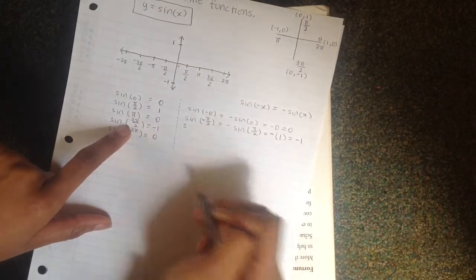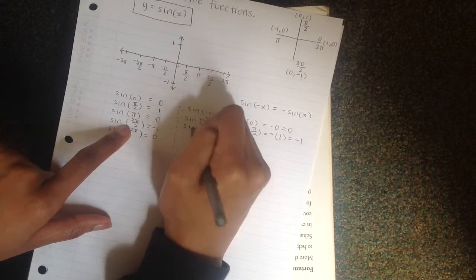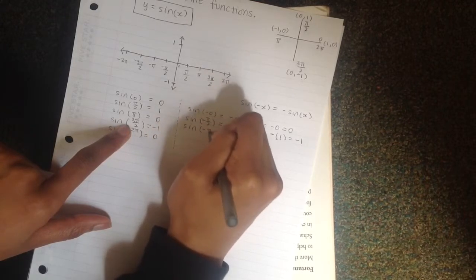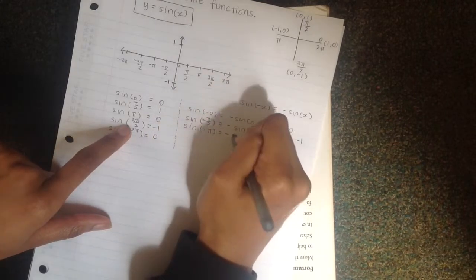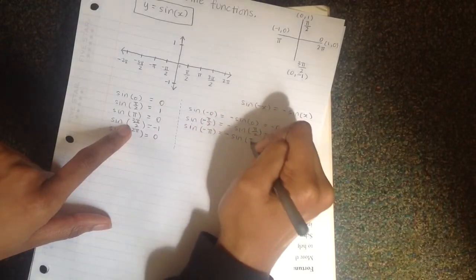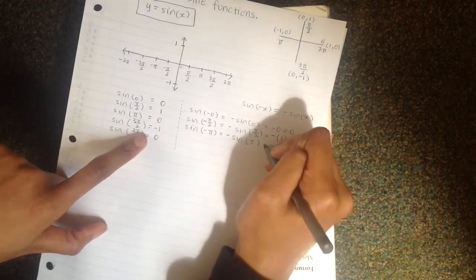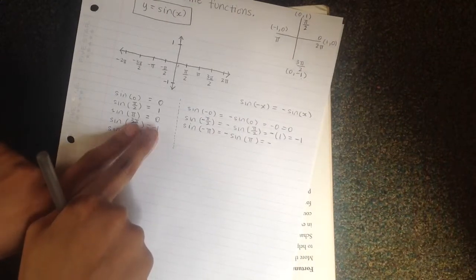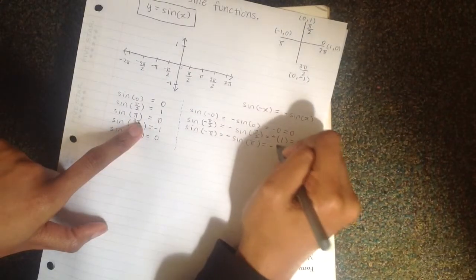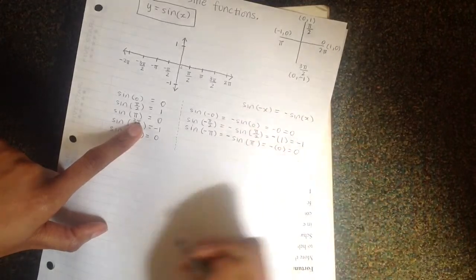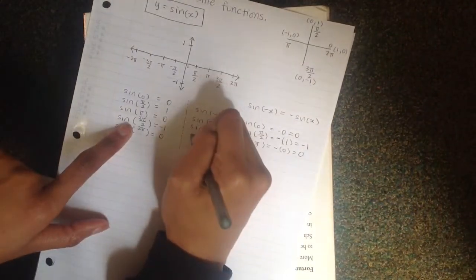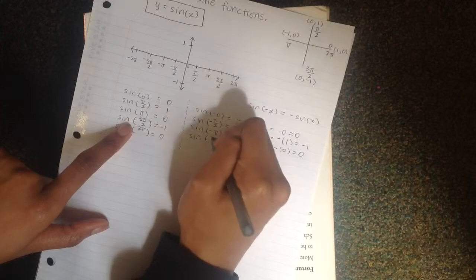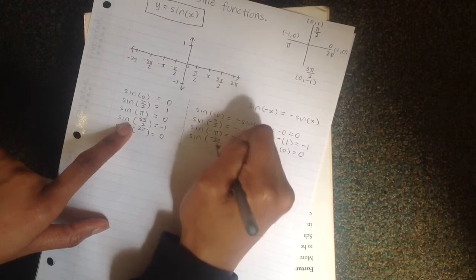Sorry, this should be negative. So we have sine of negative pi is equal to negative sine of pi. That's equal to negative 0, which is 0. Then we have sine of negative 3 pi over 2.